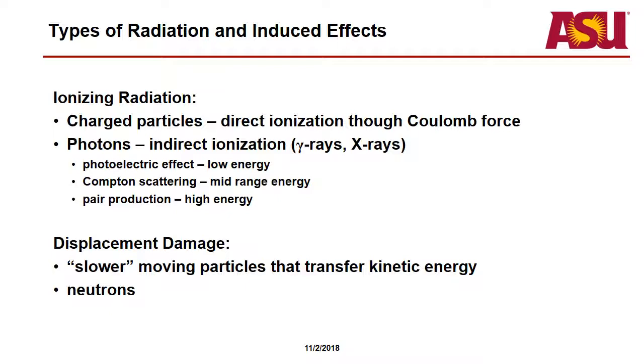So for example, it's no longer carbon, it's some other element. But if neutrons have low enough energy, it's a very similar interaction to the heavy ions, where they'll transfer that energy and punch that atom somewhere else, causing a cascade of damage.